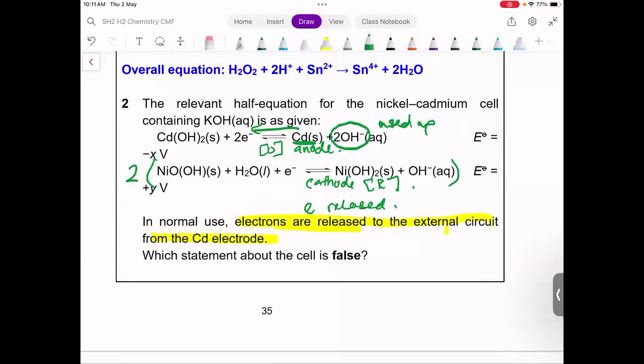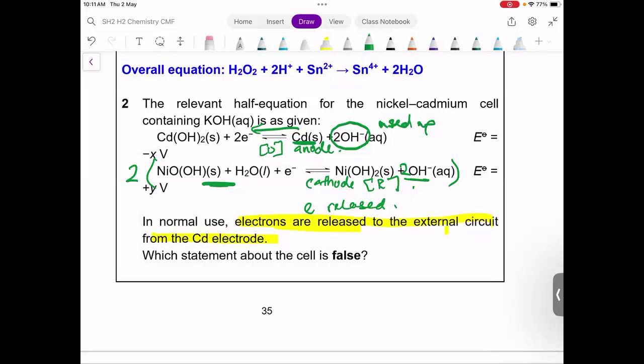But at the same time, at the cathode, 2 moles of OH minus will be formed as well. For the anode, 2 hydroxide used up. For the cathode, 2 hydroxide produced. So used up and being replaced. Therefore, the concentration of KOH remains constant.